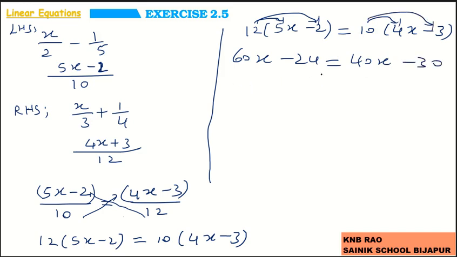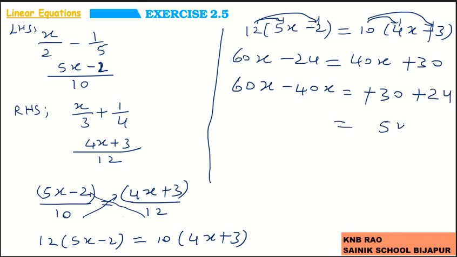Now 40x comes this side, so 60x minus 40x equals minus 30 plus minus 24 if it comes this side. I think here I have made a mistake of the plus sign: 4x plus 3, plus sign. So plus 24, which gives 54, equals 20x, x equals 54 divided by 20, and further it gives only 2.7.